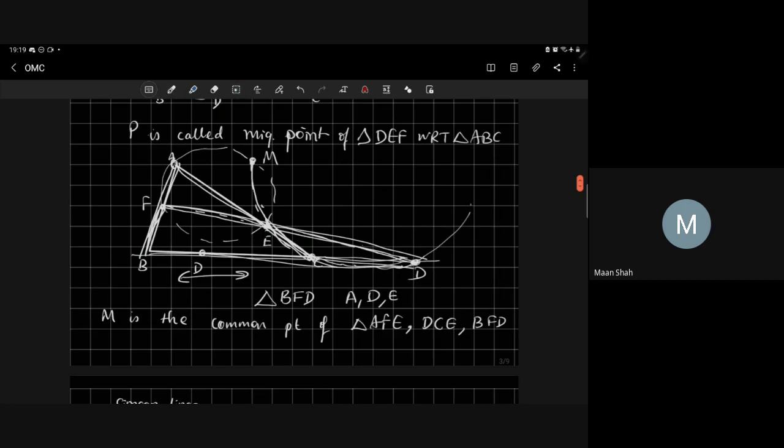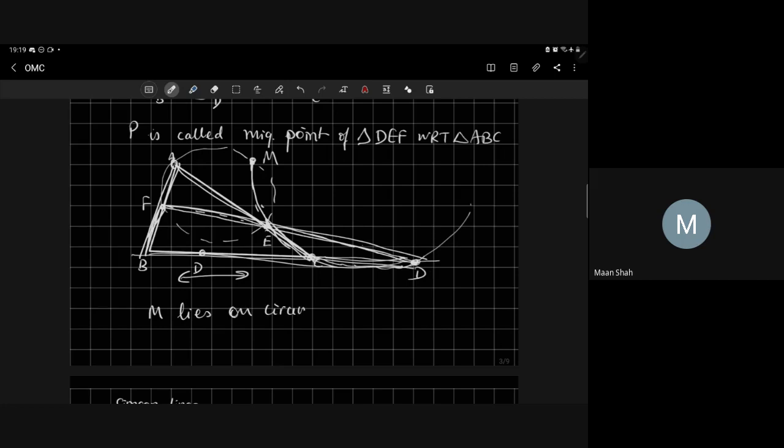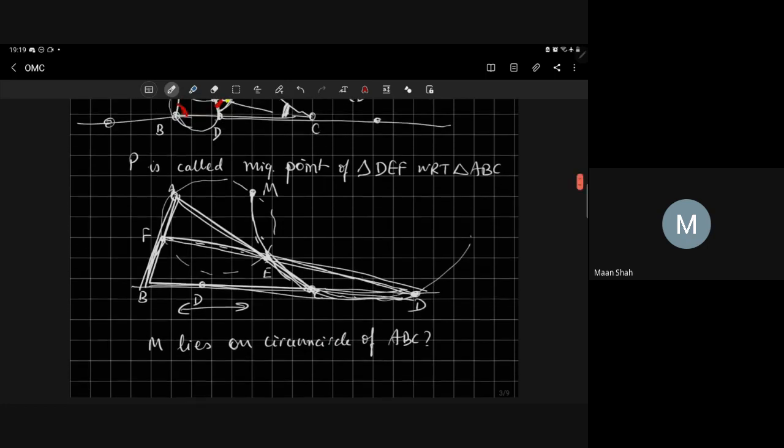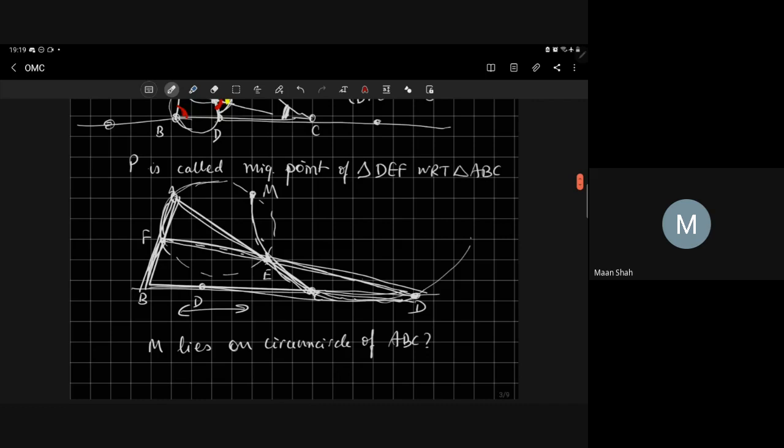Oh, okay. Rather, we'll go by a different argument. So if E, F, D are collinear, can you show that M lies on the circumcircle of ABC? So again, M is the intersection of circumcircles of AFE, CDE, and BFD.